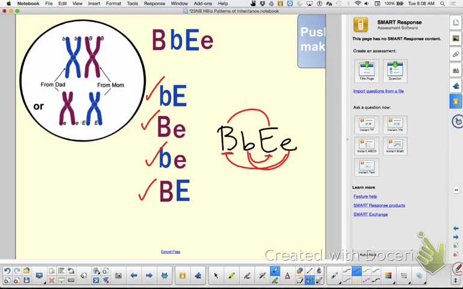Now, you do it for this genotype. Write out all the possible gametes for that genotype.